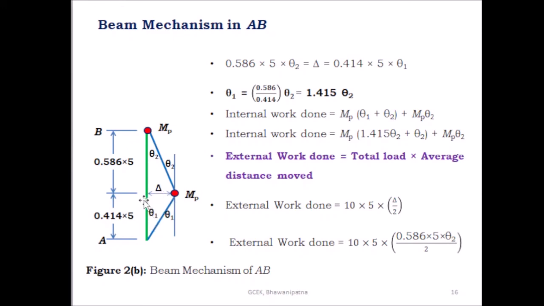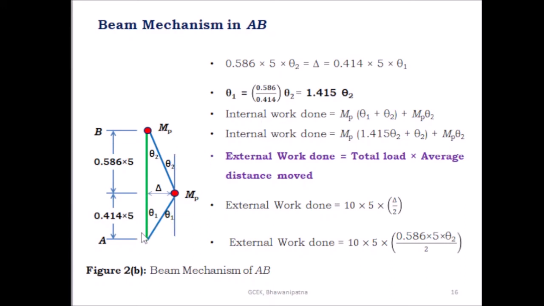This length is 0.414 into 5 and this angle is theta 1. So 0.414 into 5 into theta 1 is equal to delta, which is equal to 0.586 into 5 into theta 2. From this relation, theta 1 is equal to 0.586 by 0.414 theta 2, which is 1.415 theta 2.